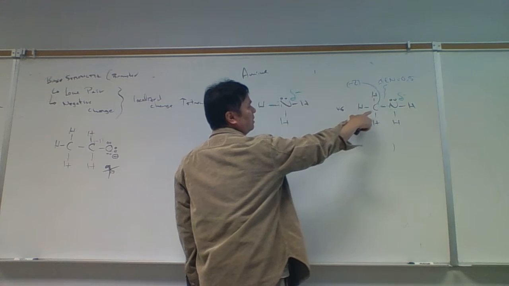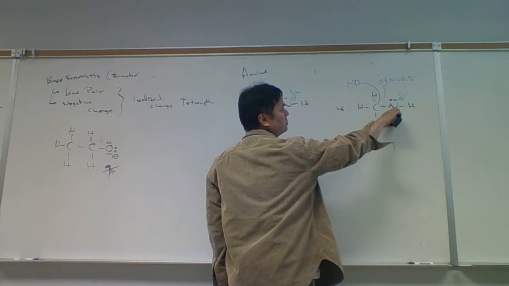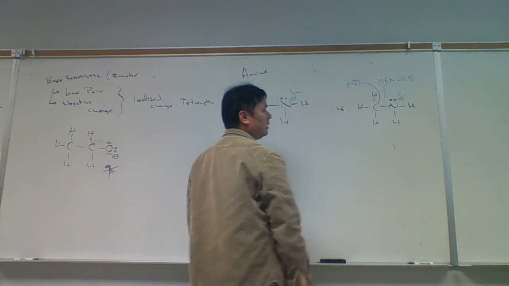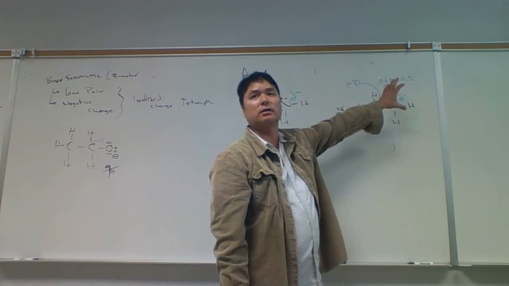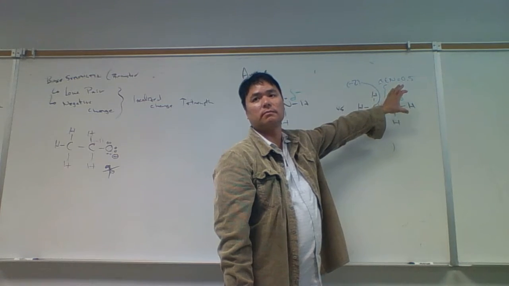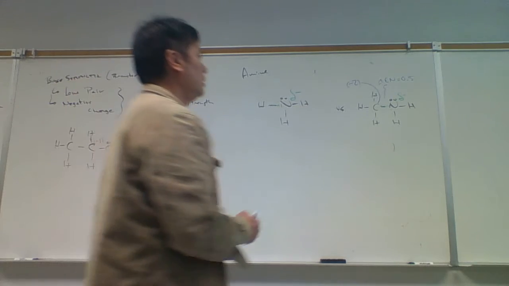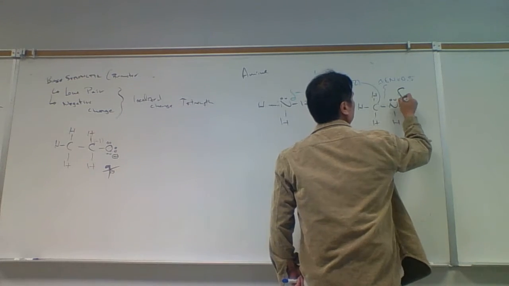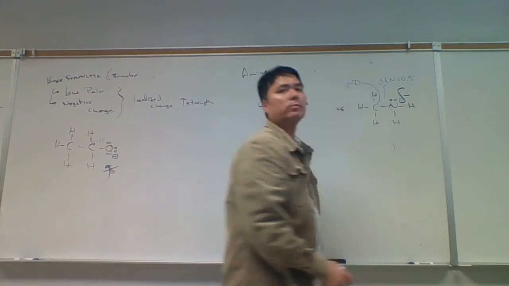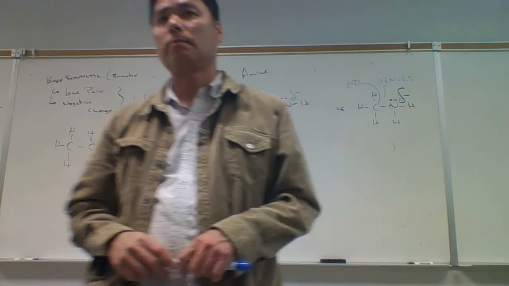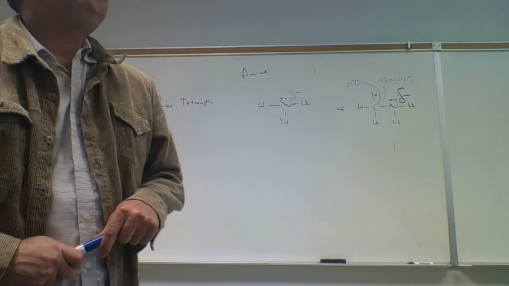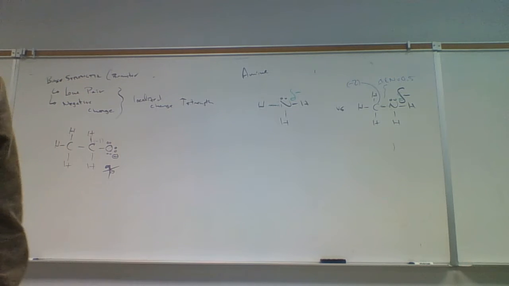This methyl group being electron rich is pushing electron density to the nitrogen, making that nitrogen more basic. And so because of the substituent here, this turns out to be more basic. Okay. All right, now let's do this.